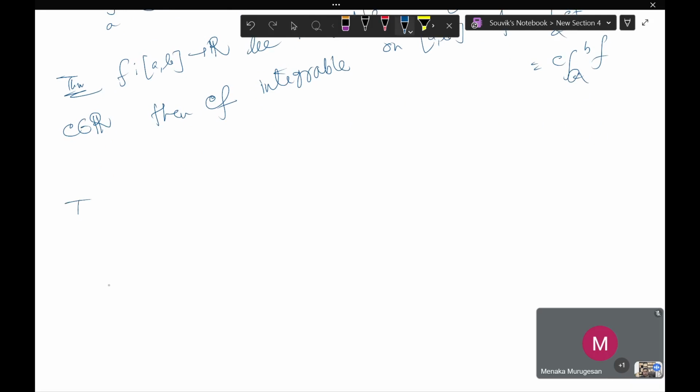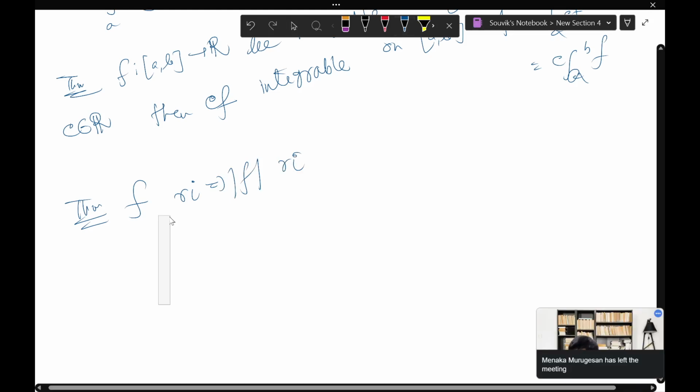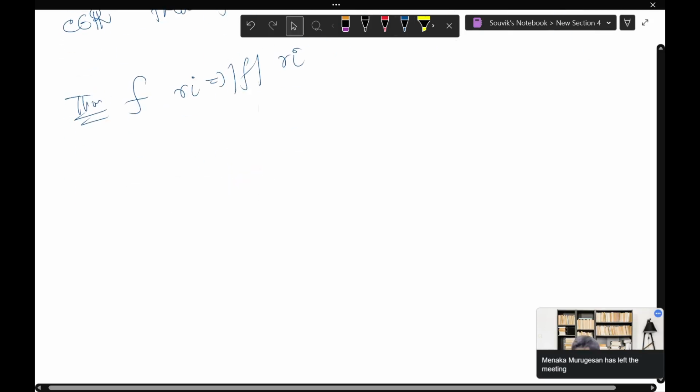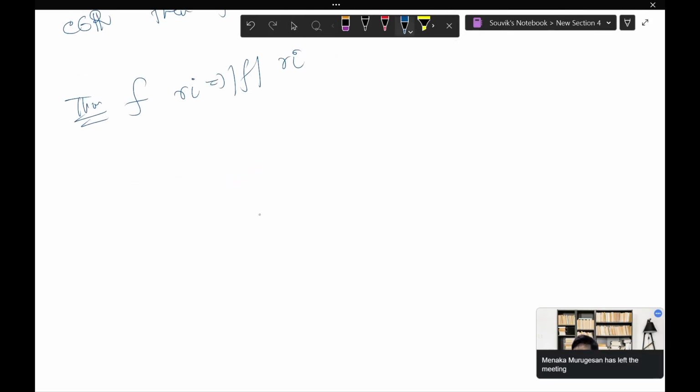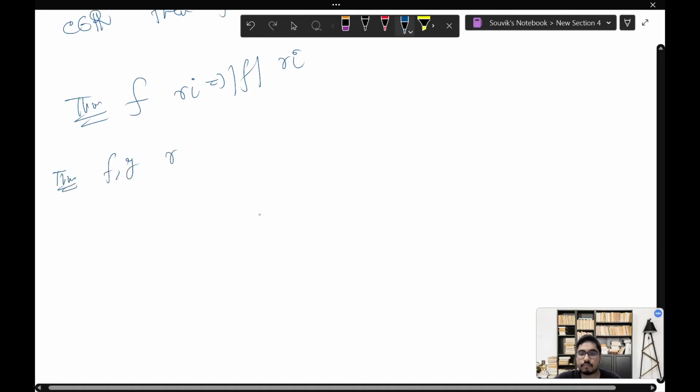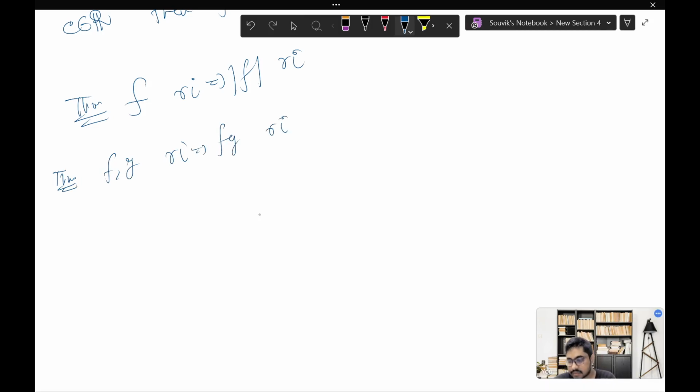And the next theorem: if f is Riemann integrable, then mod f is Riemann integrable. If f and g are both integrable, then the multiplication fg is integrable. Okay, so these are some important theorems.